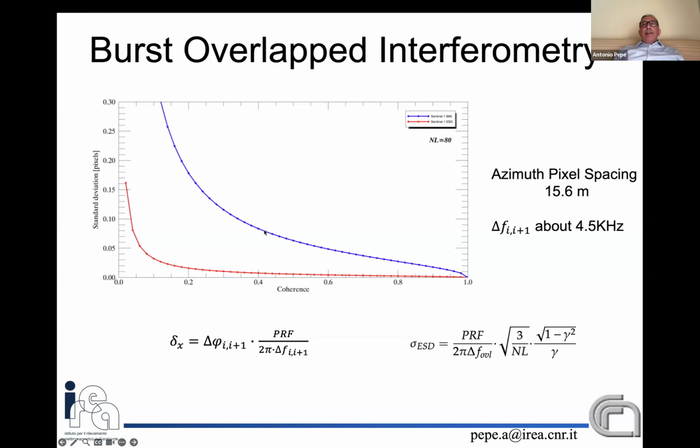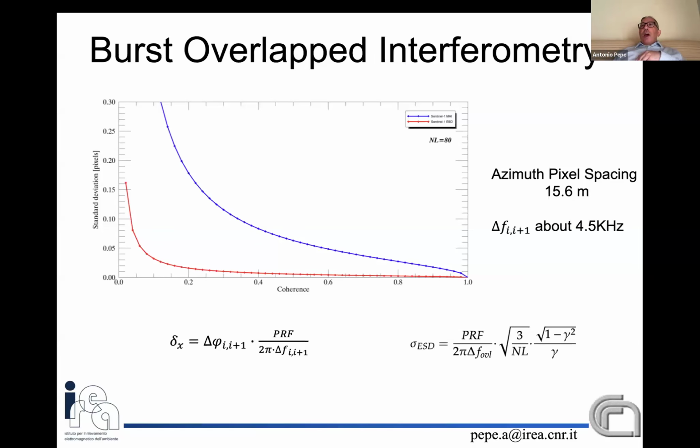In theory, we can apply multiple aperture interferometry to Sentinel-1, and the result is this blue line. And only on the overlapped region can we apply burst overlapped interferometry, and the line is the red one. So burst overlapped interferometry is better than multiple aperture interferometry, but the deformation measurements are only available on the burst overlapped region between consecutive bursts.